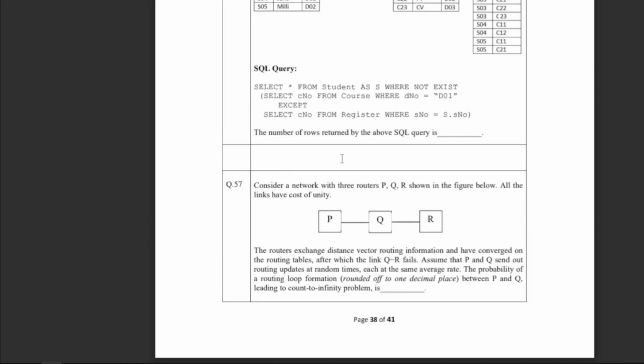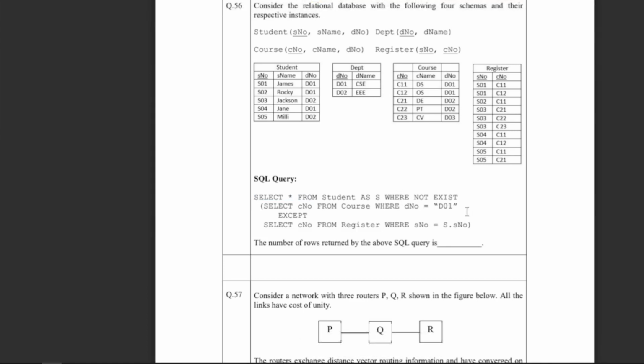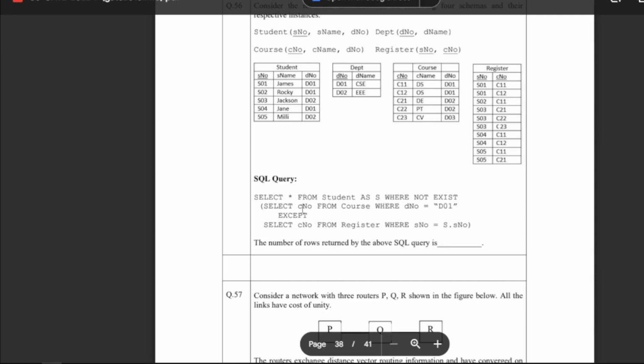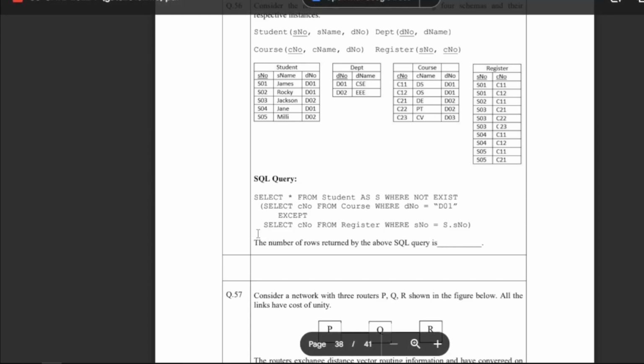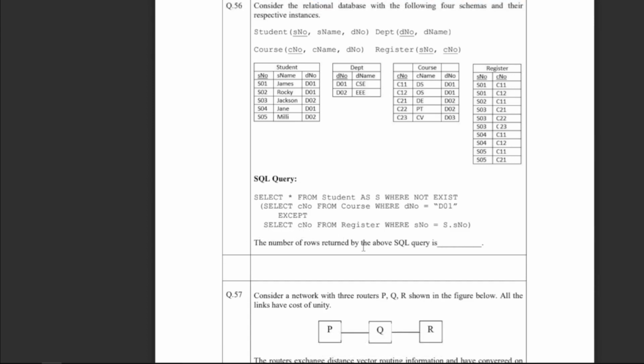The number of rows returned by the above SQL query is: select asterisk from student where not exists, select C number from course where DNO is D01, except, leaving this aside, select CNO from register where SNO is S number. It will give us 2 rows, okay, and these will be D02 and D02, okay.